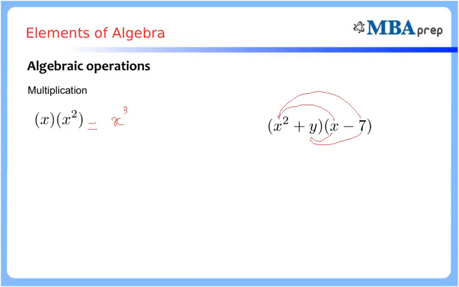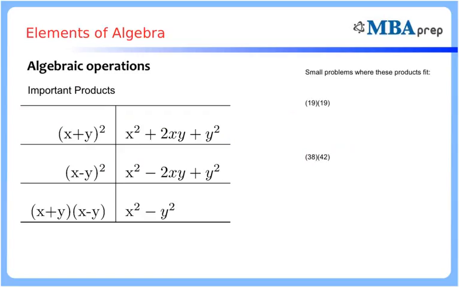So the product will be x to the third plus negative 7x squared plus xy plus negative 7y, which for sure will give us, just need to find the sign, x to the third minus 7x squared plus xy minus 7y.